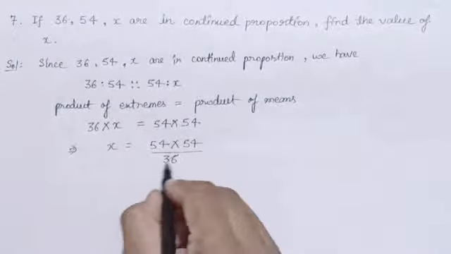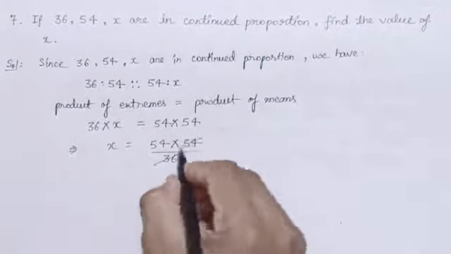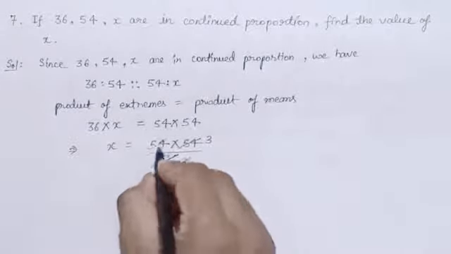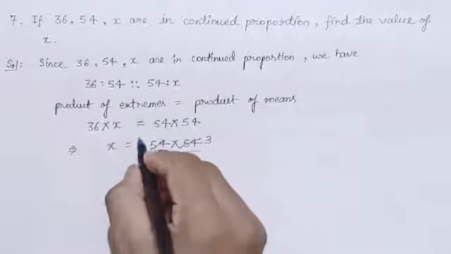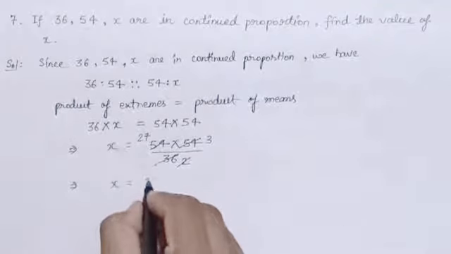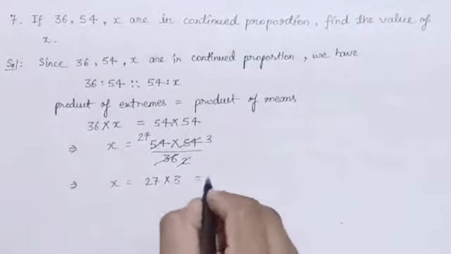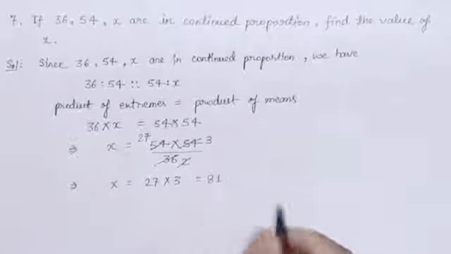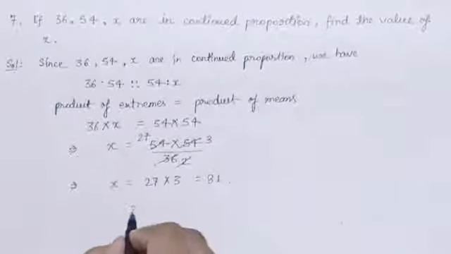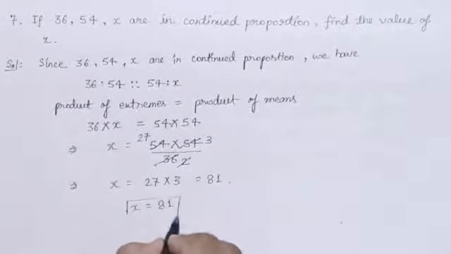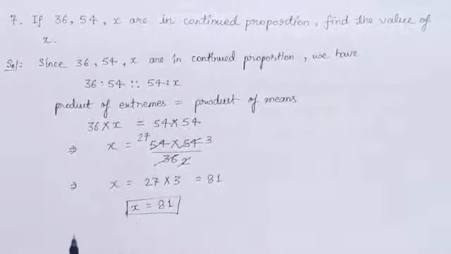Now 18 2 times 36, 18 3 times 54 and 2 27 times. So x equals 27 into 3, which comes out to be 81. So the value of x is 81. This is our required answer.